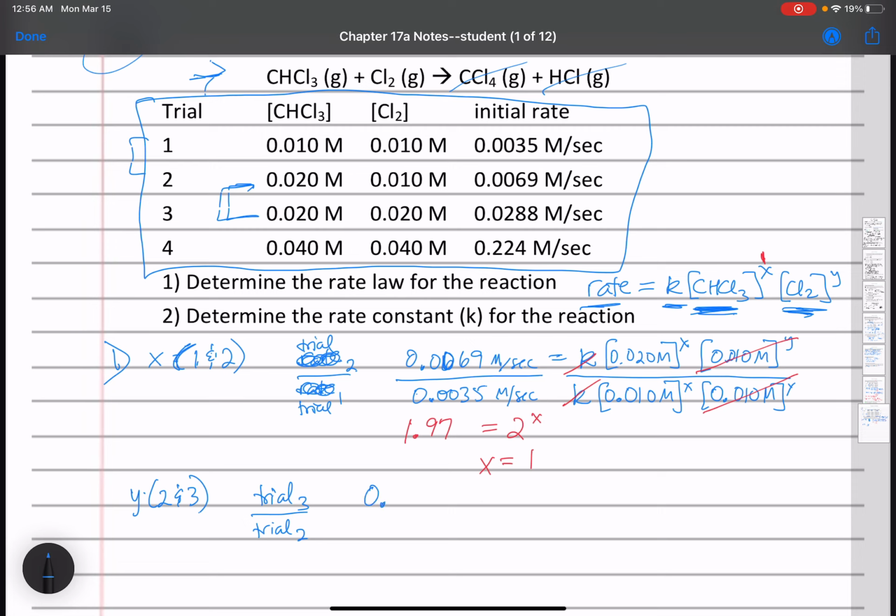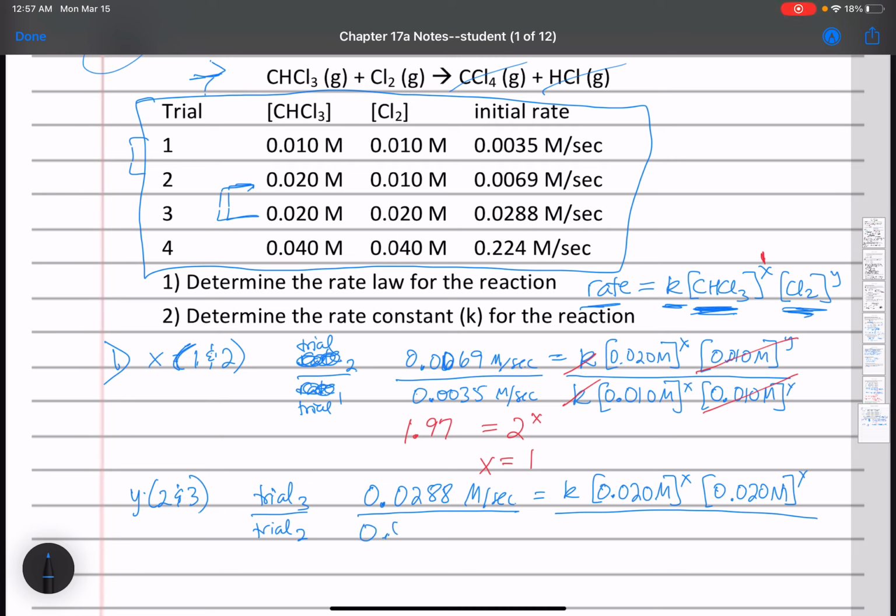Okay, so trial 3 has a rate of 0.0288 molarity per second, equals K times the concentration of CHCl3, which is 0.020 molar to the x power, or to the 1 power, either way. And we also had a 0.20 molar concentration of the chlorine in that trial. Now we're going to divide it by the rate law for trial 2.